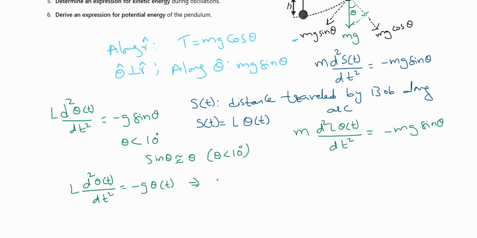Now we can write the differential equation with g by L. It is the same as the differential equation in the previous case of a spring connected to a block of mass m.